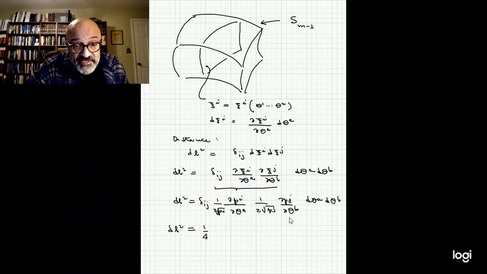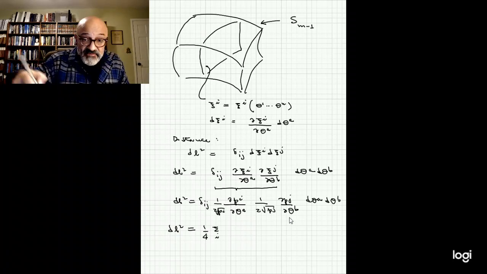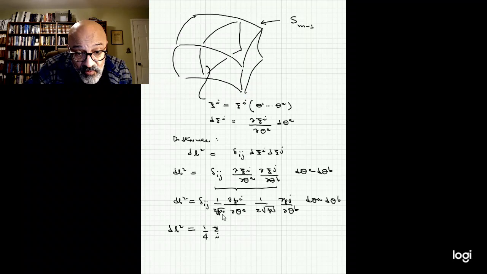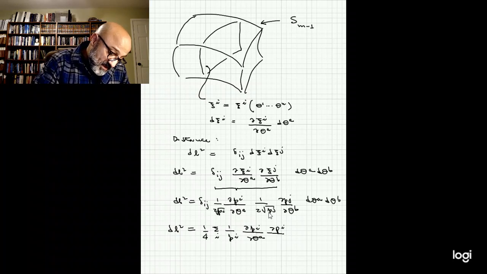So this is going to be a sum. The i's have to be equal to the j's, right? The sum over 1 over square root of pi, 1 over square root of pi, the derivative of pi with respect to theta a, the derivative of pi with respect to theta b, and then d theta a, d theta b.